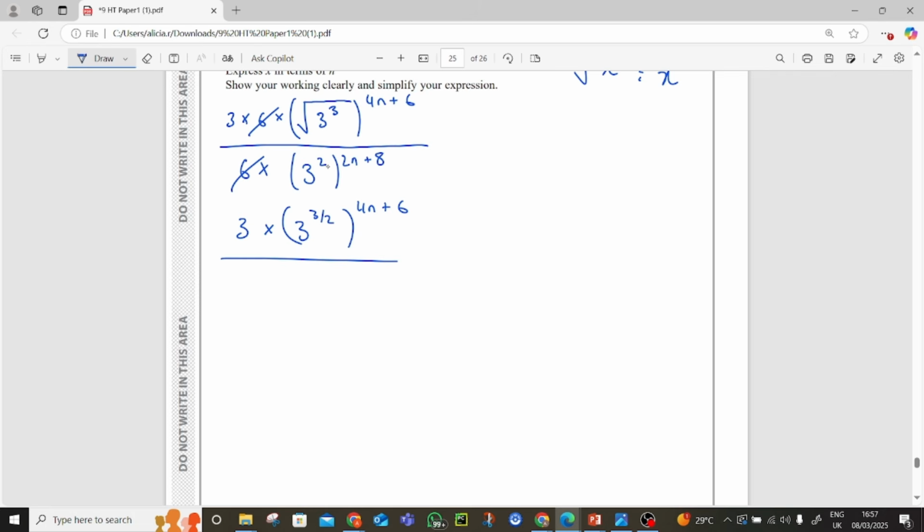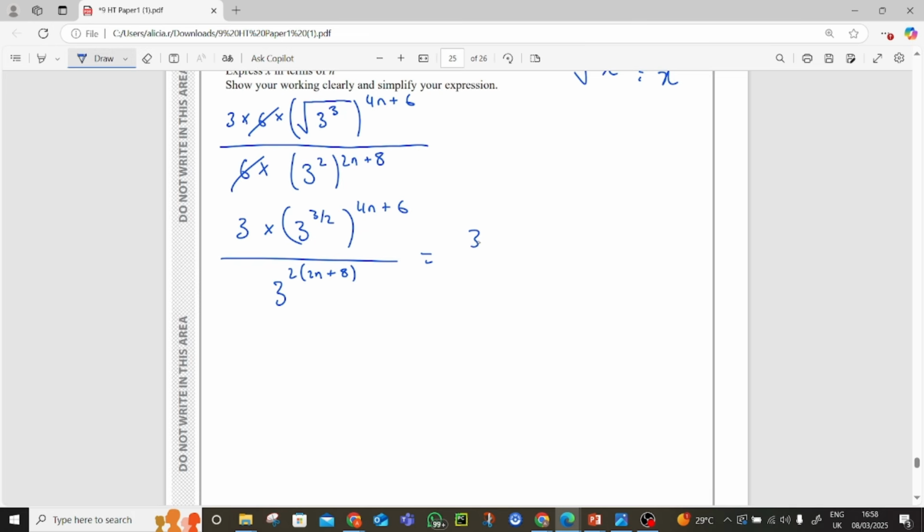Well, we can actually multiply these together. When you have something to the power of something to the power of something, you can simplify this by multiplying these two things. So I'm actually going to do that: 2 times 2n plus 8, which you could have done in one step, but in a moment we're going to expand those brackets. Let's do the same thing we did to the bottom to the top, so we can multiply these two things together also.